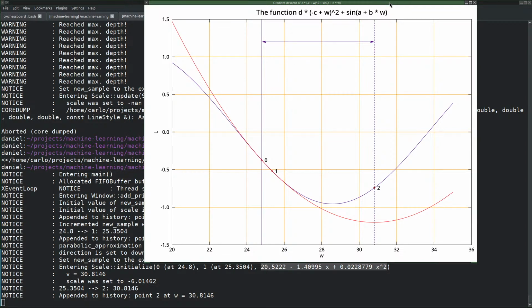And I'm gonna hit space, and then it's going to plot a parabola through 1 and 2. And as you can see, 0, which is now in use, is literally on the parabola that we had, the old parabola, together. In this neighborhood, 0 and 1 are a perfect fit to the sine wave.